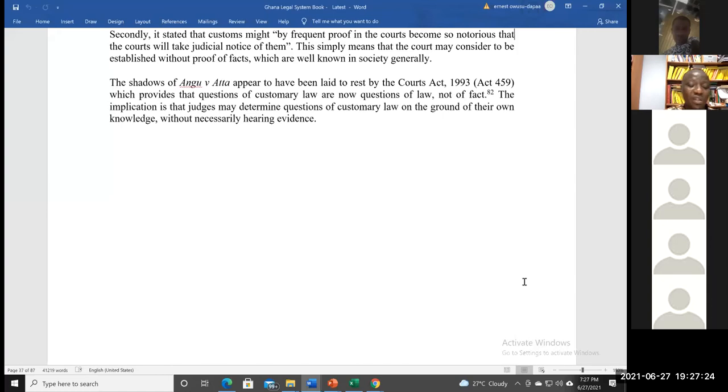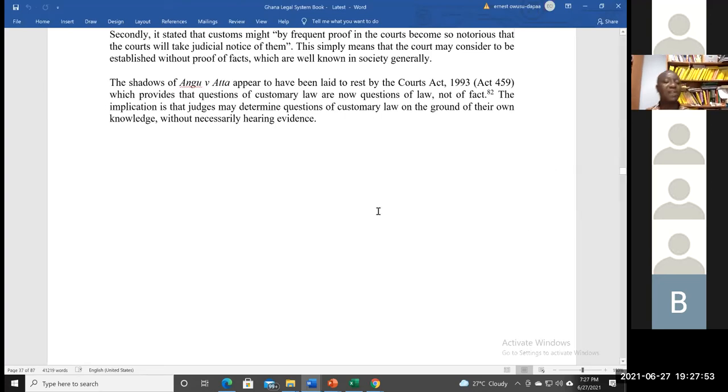And there was this customary law argument as to whether it was the chief of the community who was supposed to take the compensation, what they call the vagina money, or the particular husband whose wife had been defiled. My interest lies in how the court went about making the determination as to whether that particular customary law existed or not. So we want to look at that.